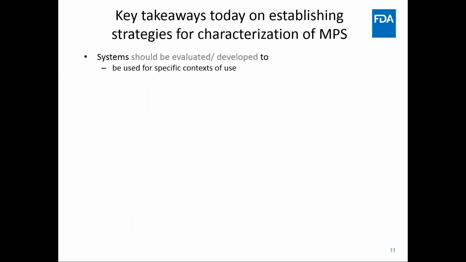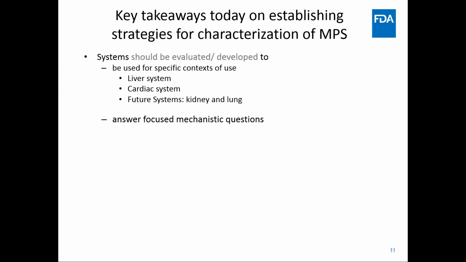So, key takeaways today on establishing strategies for characterization of microphysiological systems. As I've been mentioning, systems should be evaluated or developed for specific context of use. I'm going to talk today about our work with the liver system, our work with the cardiac system, and also future systems that we're working on, kidney and lung.